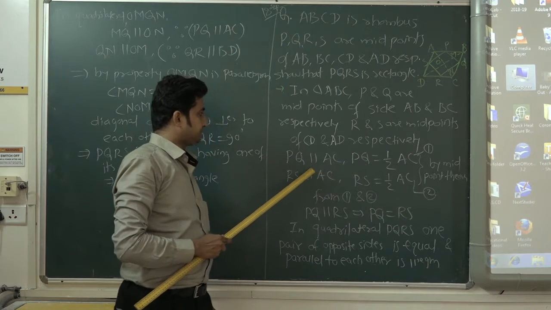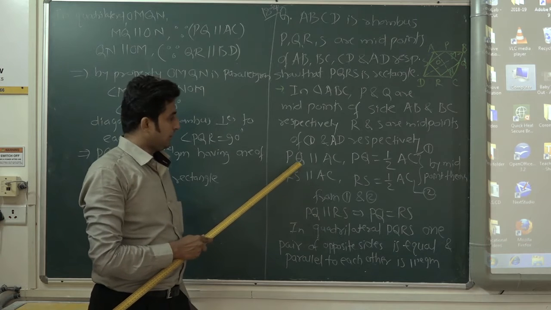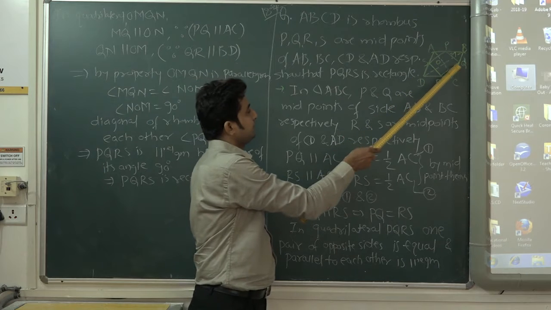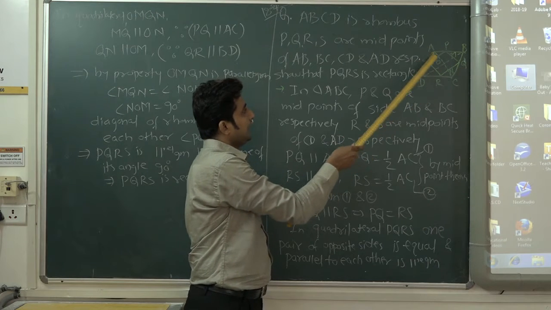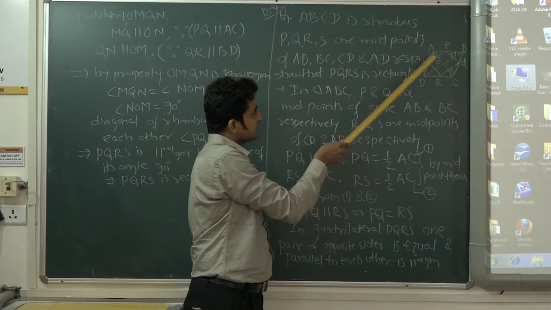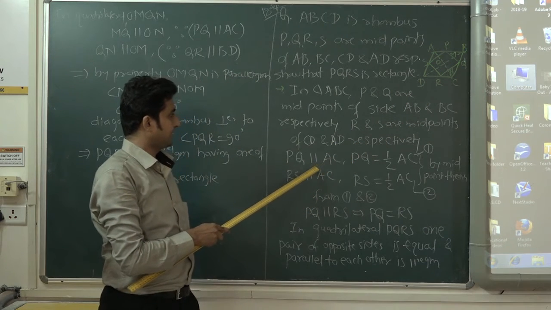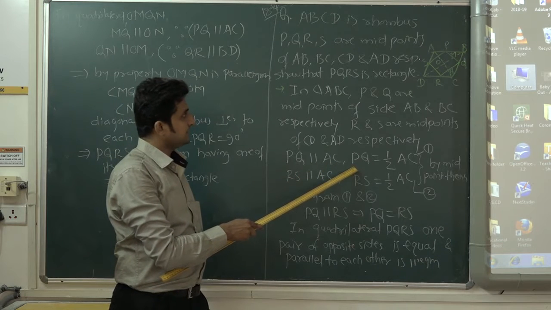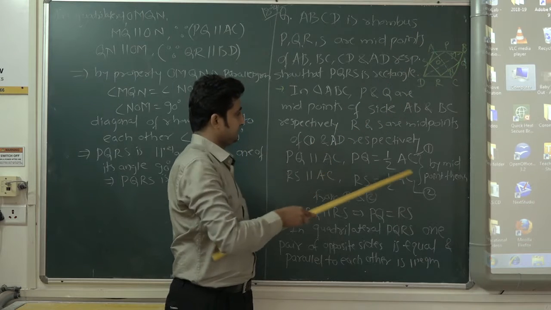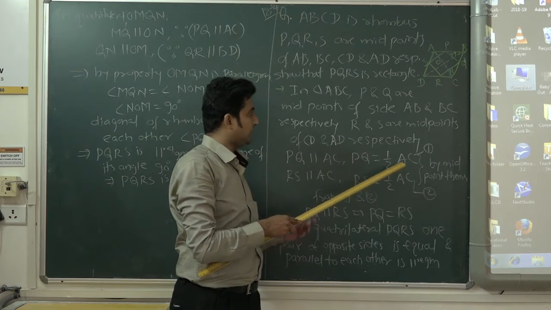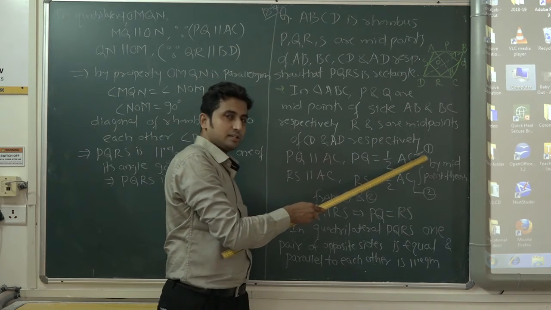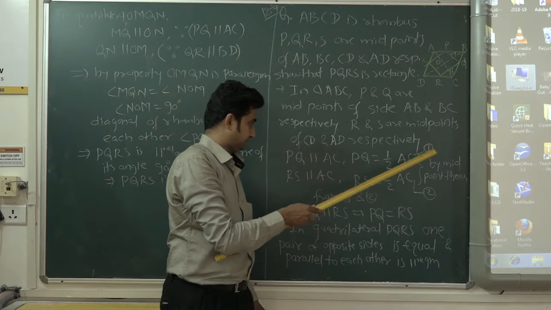Now PQ is parallel to AC, and we join A to C. So PQ is parallel to AC, which implies PQ is exactly half of AC. Call this 1.